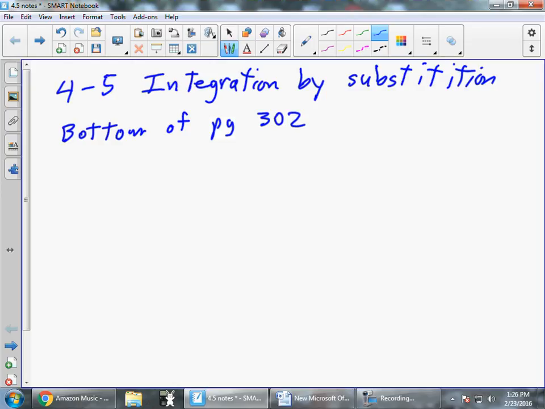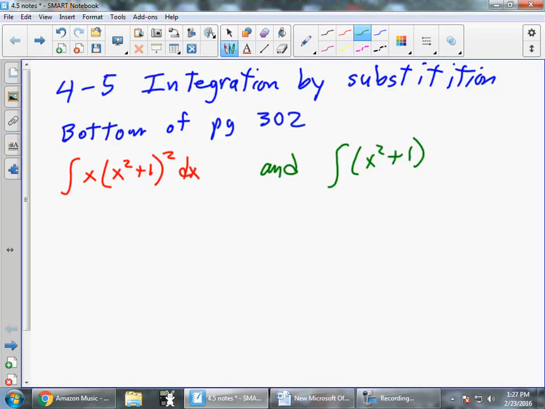Consider the two integrals: the integral of x times the quantity x squared plus 1 squared dx, and the other one is the integral of x squared plus 1 squared dx.